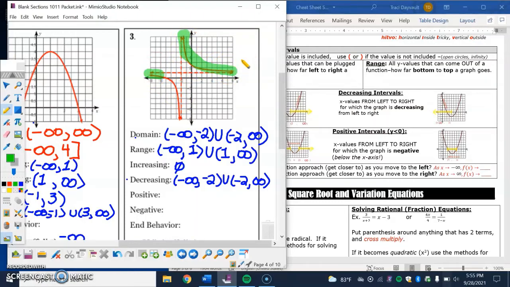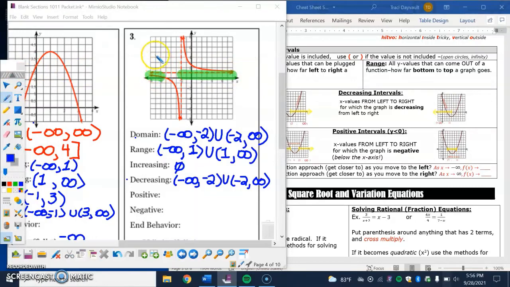They're just asymptotes that are drawn, but they should be invisible. So let's look at the intervals and look at where this is on the x-axis.